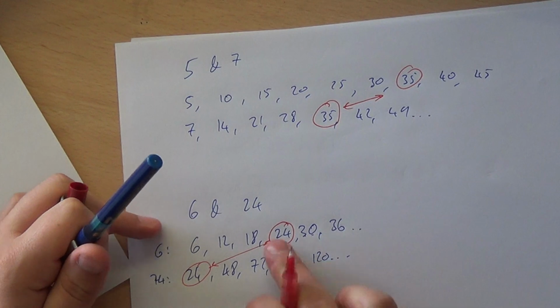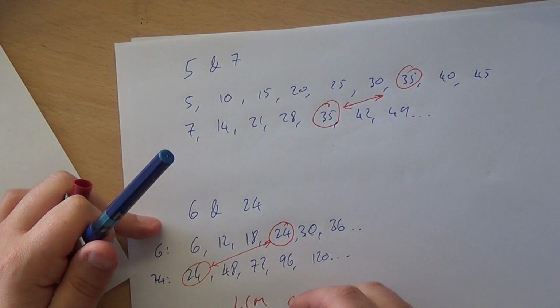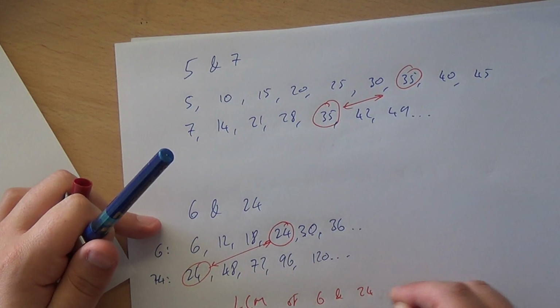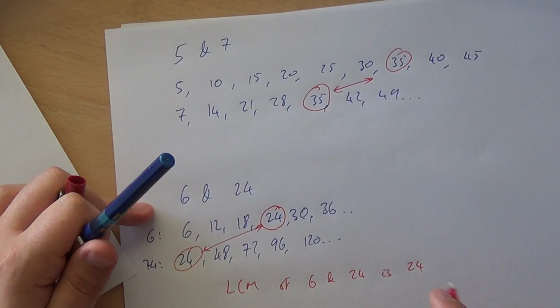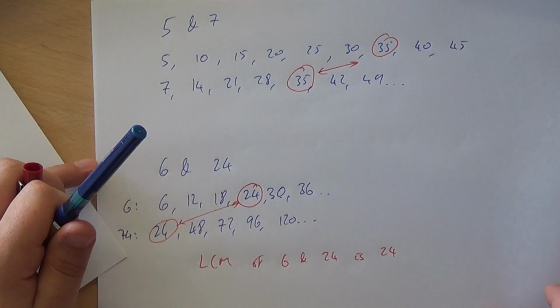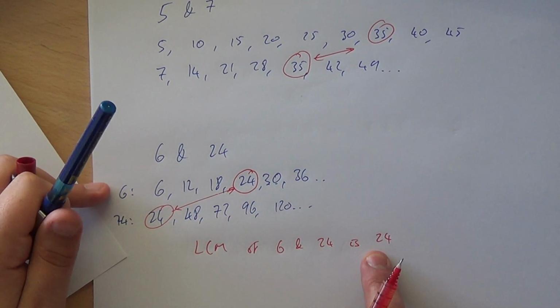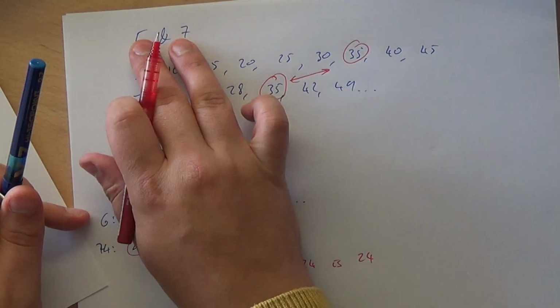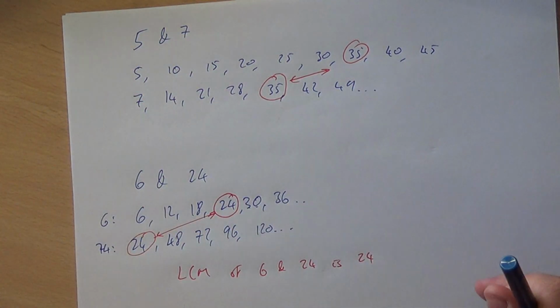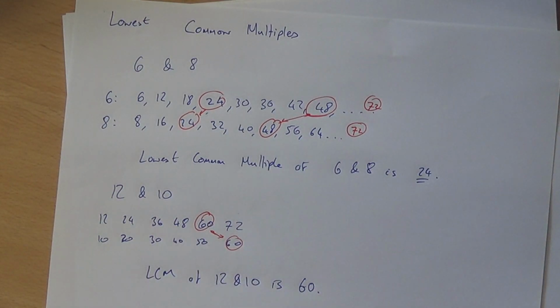That's allowed. The lowest common multiple is 24, and it can be a number that's in the problem. So if you're trying to find the lowest common multiple of two numbers, one of those numbers might be the answer. The highest the answer could be is to times them together, but more often than not, there's some other overlap before that you're trying to find.